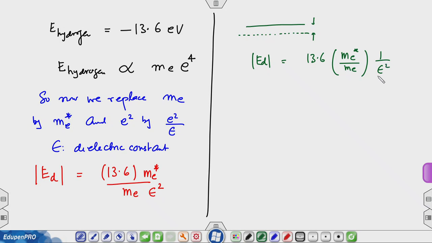Let us just quickly do a calculation, estimate. Epsilon is of the order of 10 to 100. So, let us take it 10. m e star over m e of the order of 0.1. Then you see that mod E d is of the order of m eV.